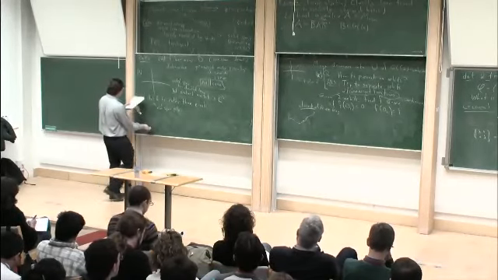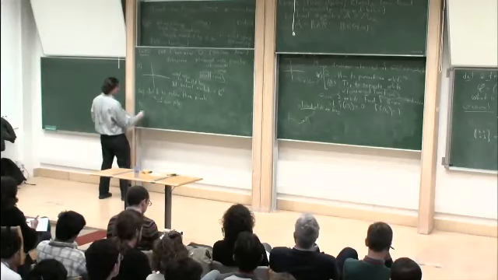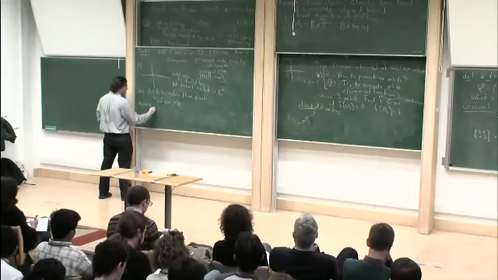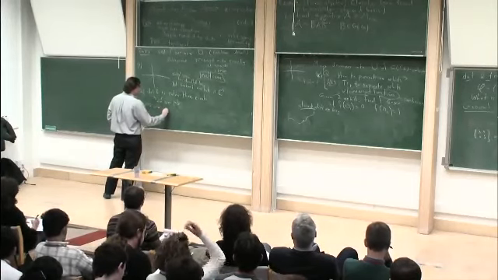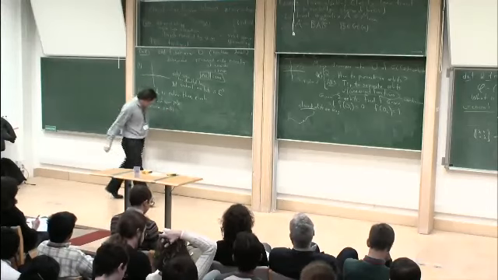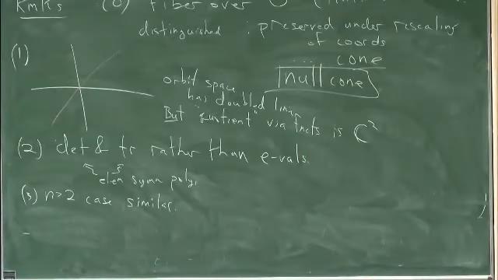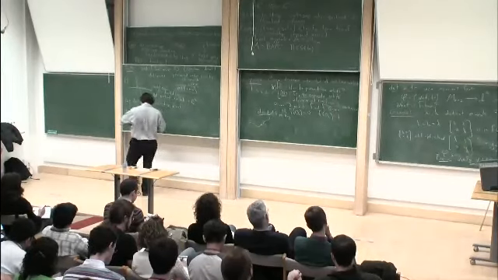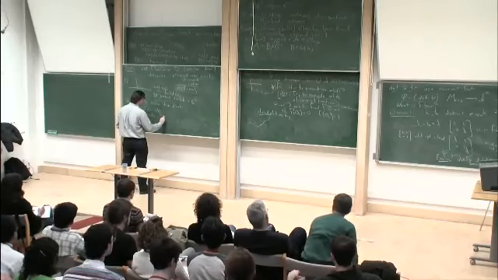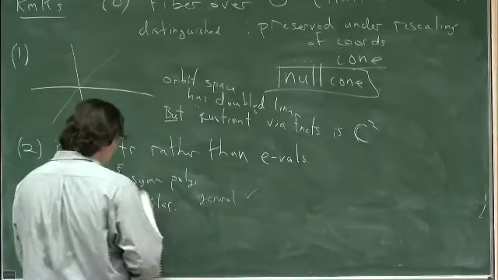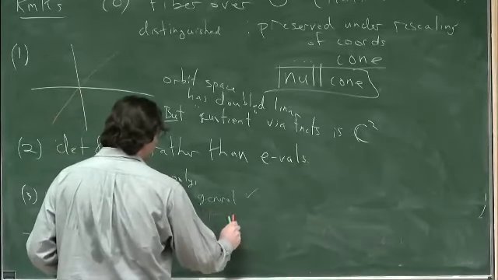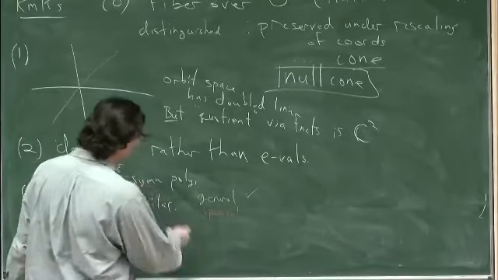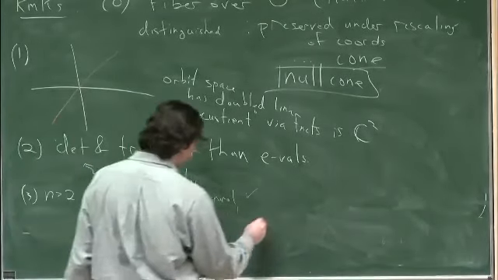All right, third, if instead of the two-dimensional case you did the higher n, well, it's very similar. Of course, you're going to get the same sort of structure, but now you're going to have finitely many orbits to worry about in your special fibers. So general is still going to work as before. But for the special, you're going to have finitely many, and the invariants you're going to use are going to be the other symmetric polynomials, of course, and eigenvalues.